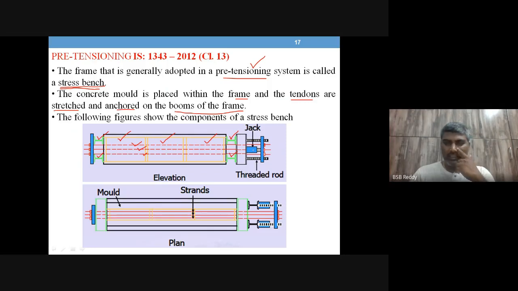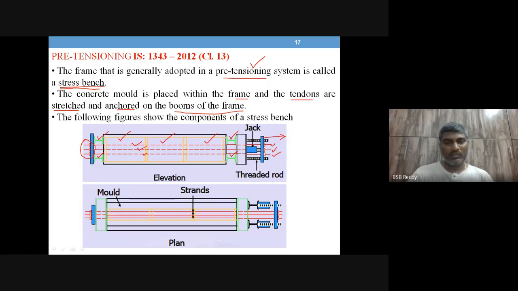Okay, this is a hydraulic jack which is operated, which is trying to move this frame away. So this frame, along with that frame, will pull these three tendons away, and they are anchored at the other end. You can see they are anchored at the other end. They are being pulled by the frame, which is pushed by the jack.